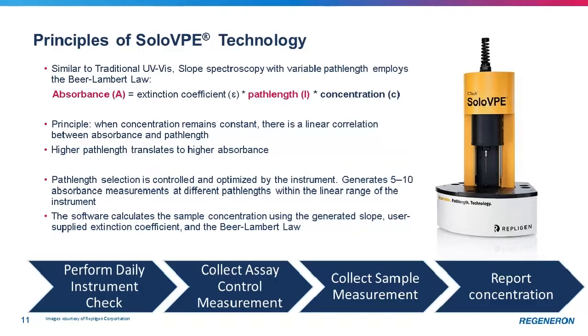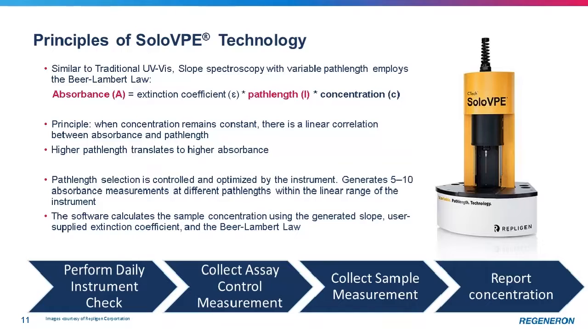In this case, path length is the variable used to generate the linear relationship to absorbance, and path length is controlled by the instrument. In addition to not requiring sample dilution, a single sample measurement can be implemented as method variability is dependent on the instrument, and that is already controlled through our daily checks and assay control measurements.